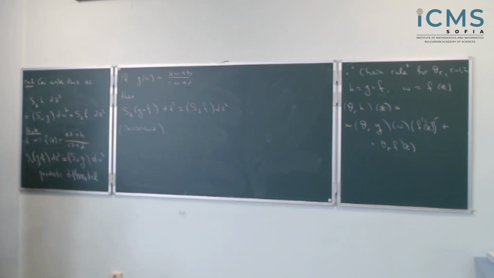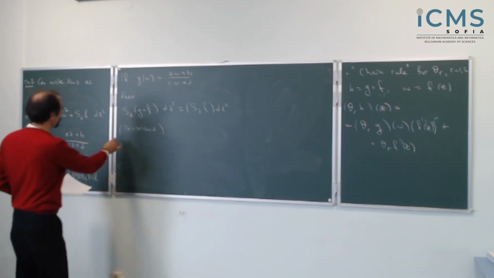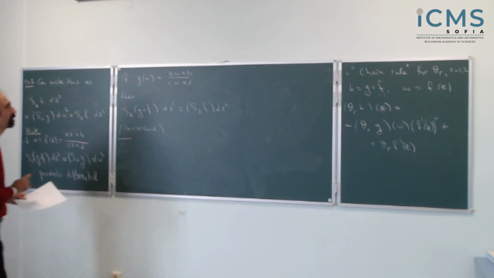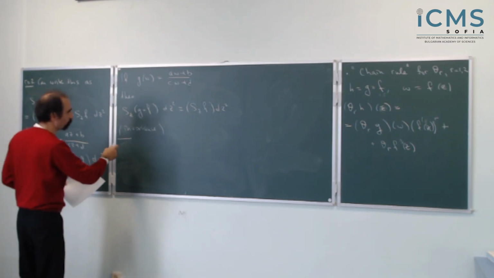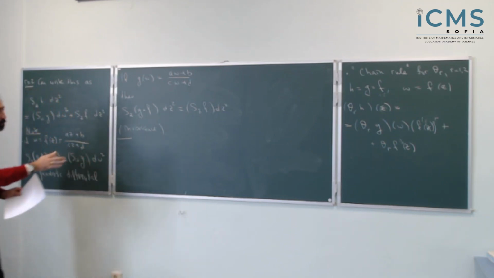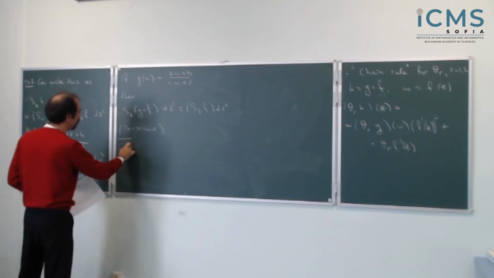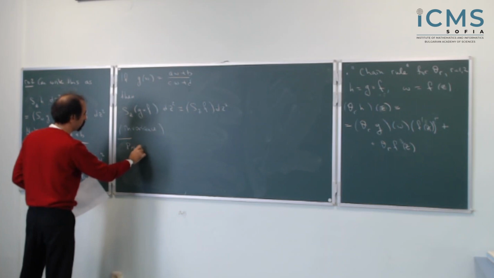Yesterday I was thinking of mentioning it, but we didn't get to that. So I'm reviewing, but inserting a new bit. It's a local statement, on an open set, a domain in C, essentially. So that's another question that appeared in the discussion.